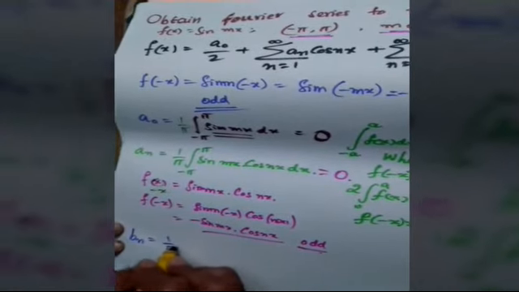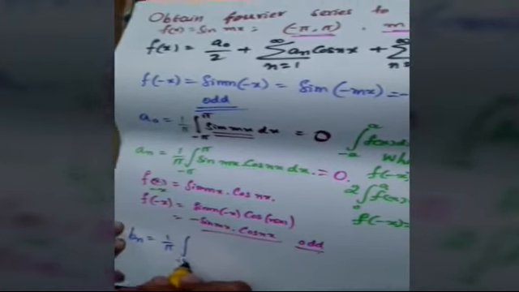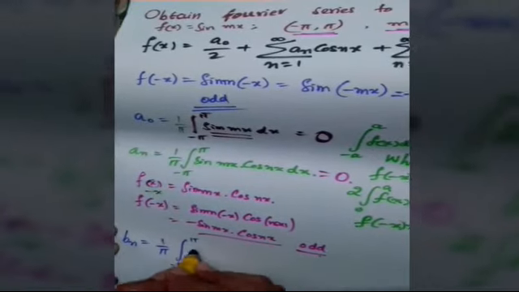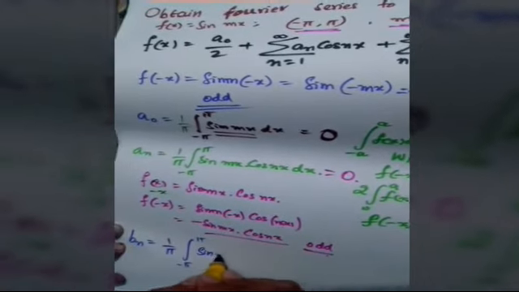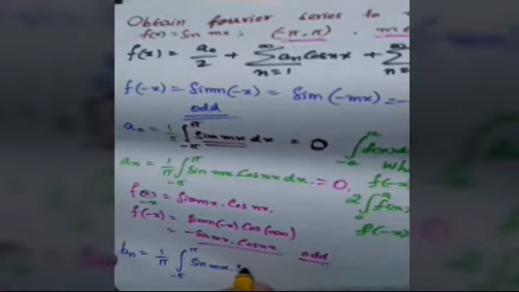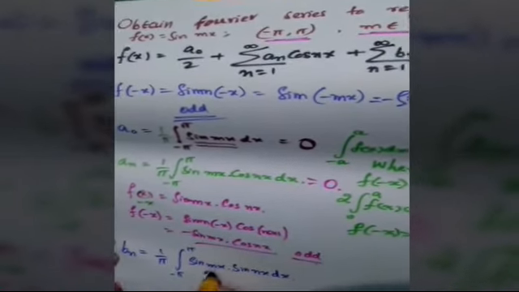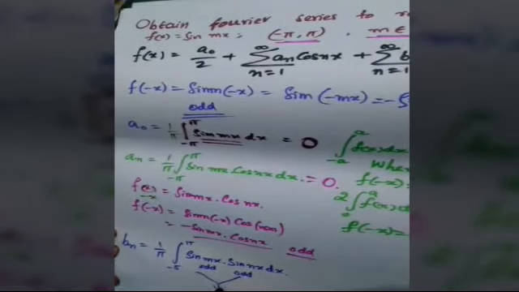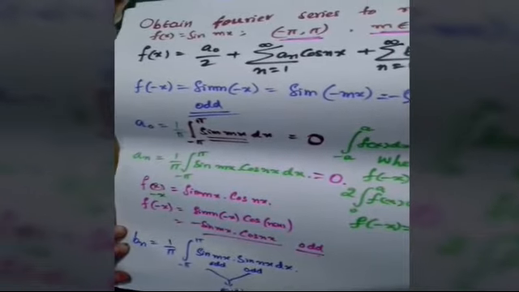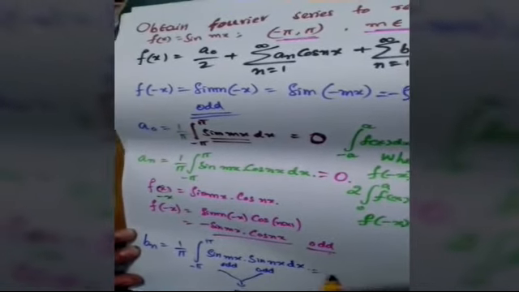Now we shall take bn is equal to 1 by pi times integral from minus pi to pi sin mx into sin nx dx. Product of two odd functions is even.